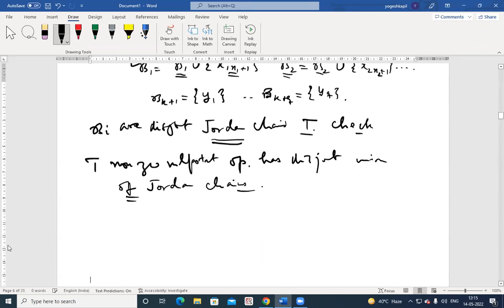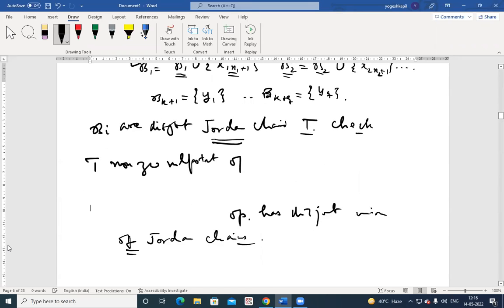And hence, I could prove the result for nilpotent operators.